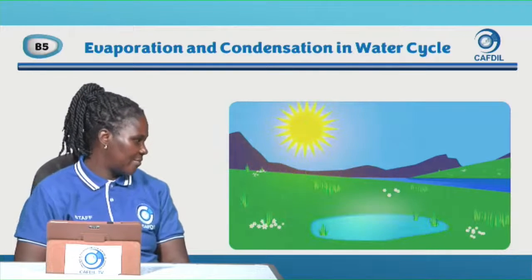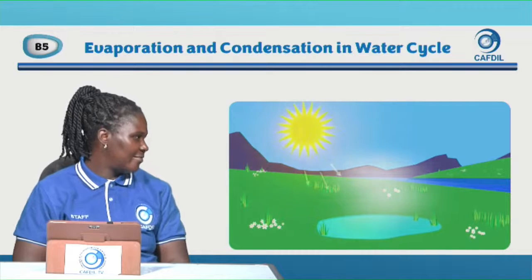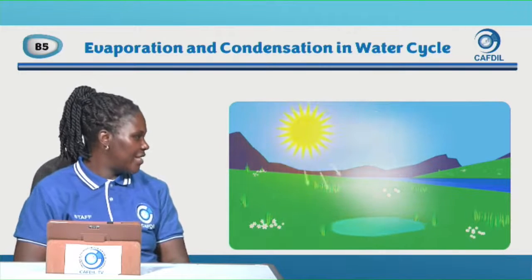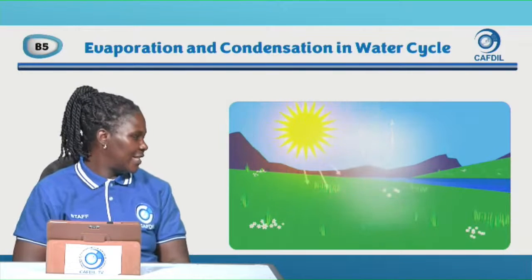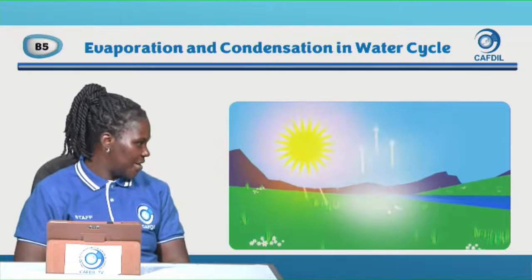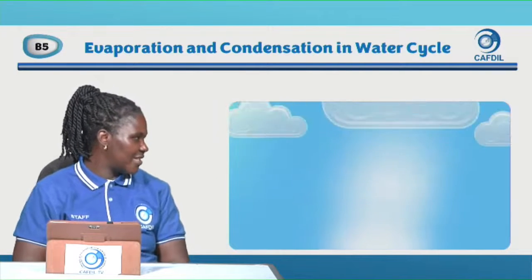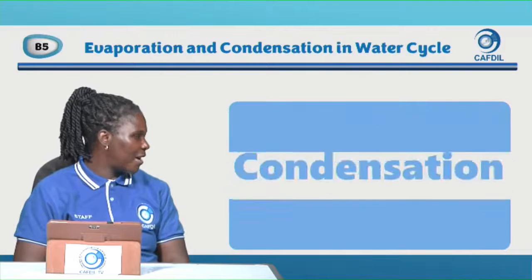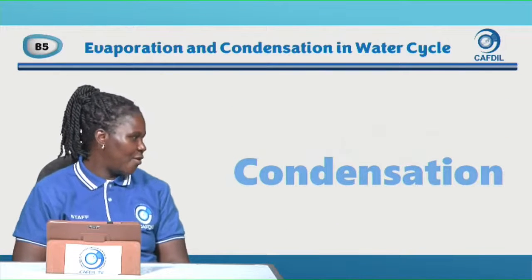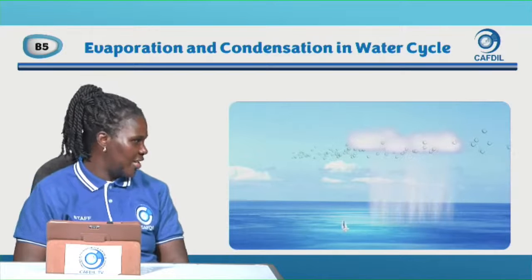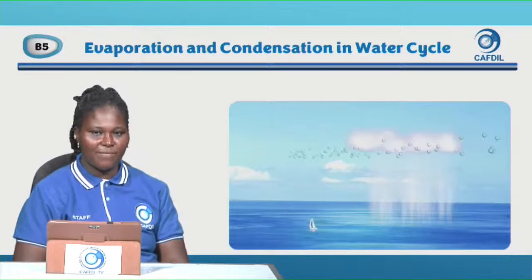This is a pond. And the sun gives the pond energy, and then it will evaporate into the sky. And when it gets into the sky, they form clouds, and condensation takes place.